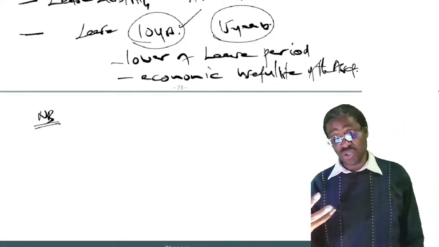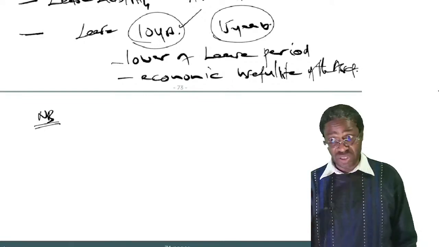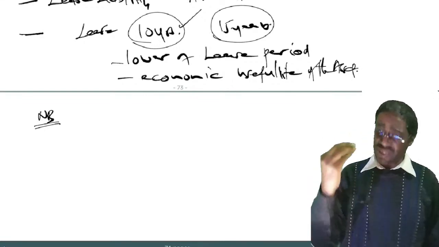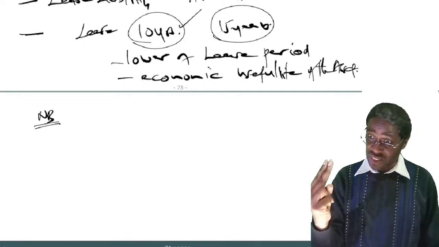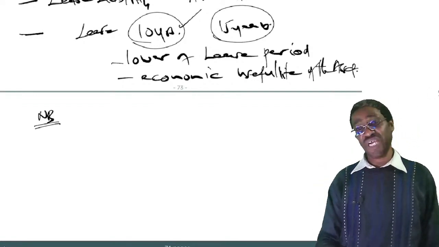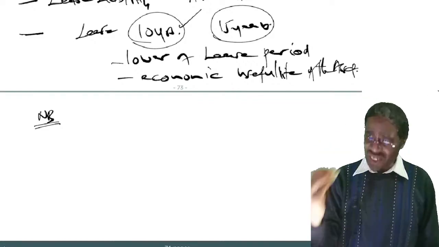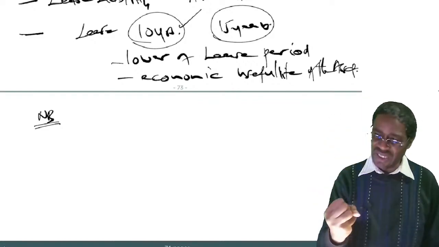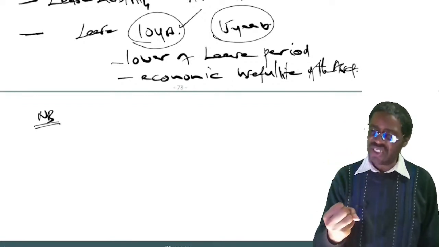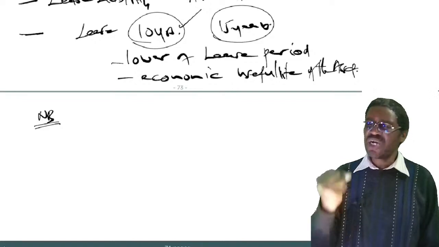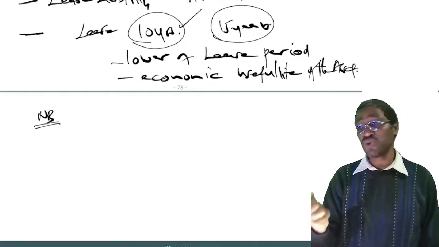These are just conditions for a lease to exist. One, he has to have a right to obtain substantially all the economic benefit from the use of that asset.